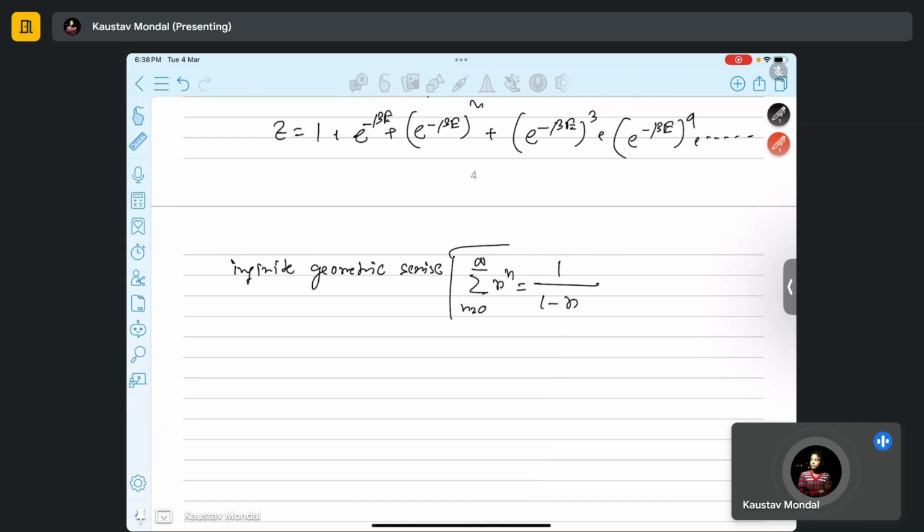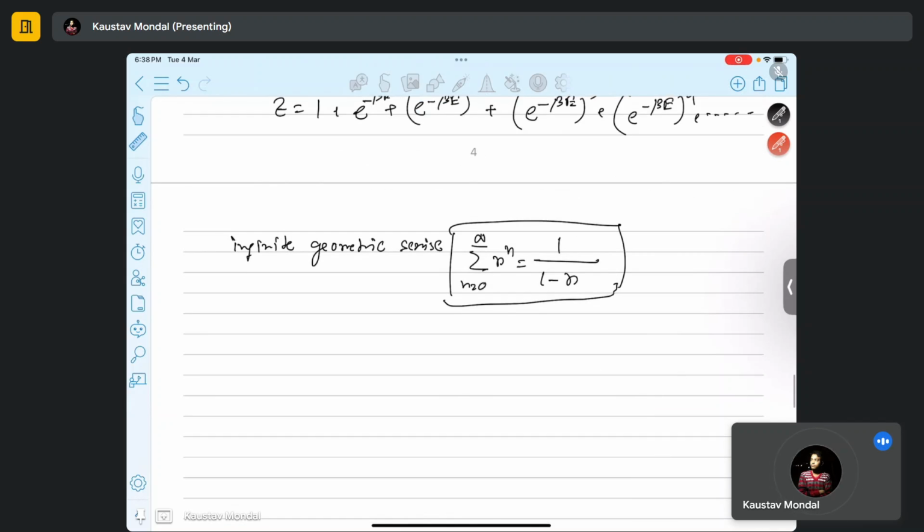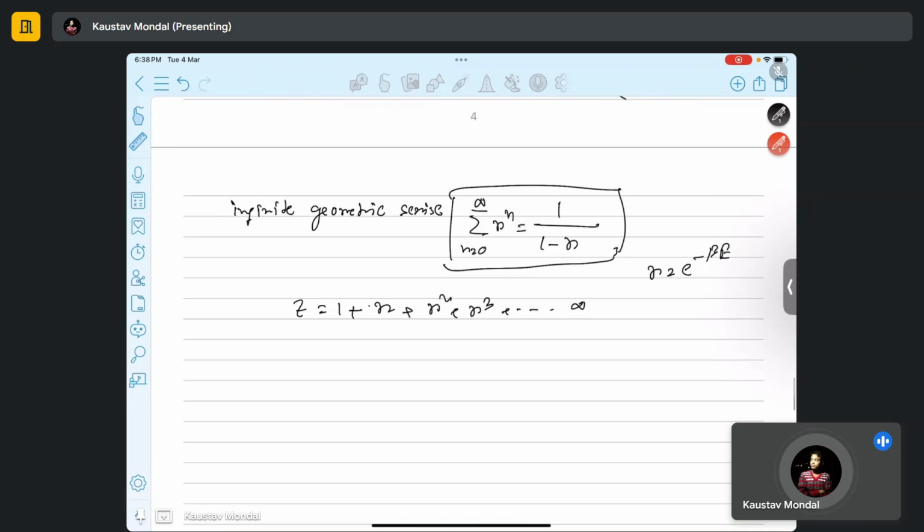Let's suppose e to the power minus beta E is r, so we can write 1 plus r plus r square plus r cube, and so on. Using this formula gives 1 by 1 minus r, which is nothing but 1 by 1 minus e to the power minus beta E. So the partition function will be 1 by 1 minus e to the power minus beta E.